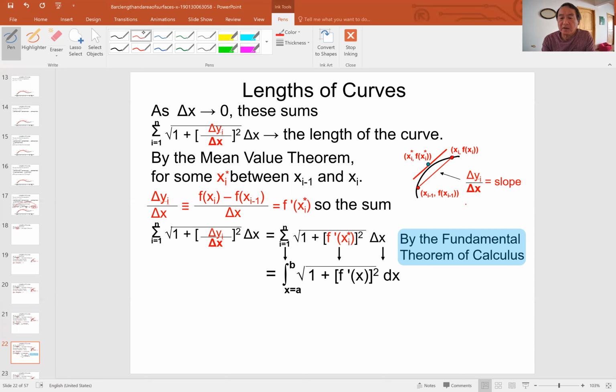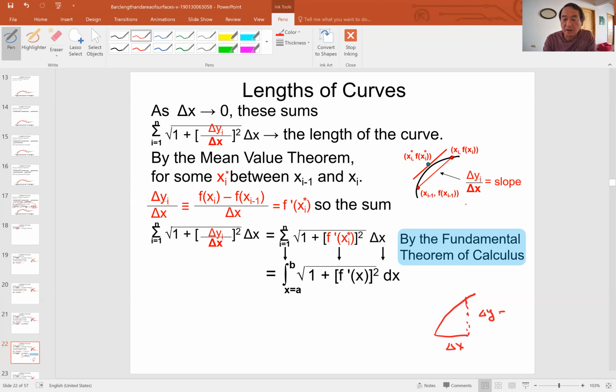Actually, this is very simple. What it is saying is this. Suppose here's a curve, and here is delta x, and here is delta y.